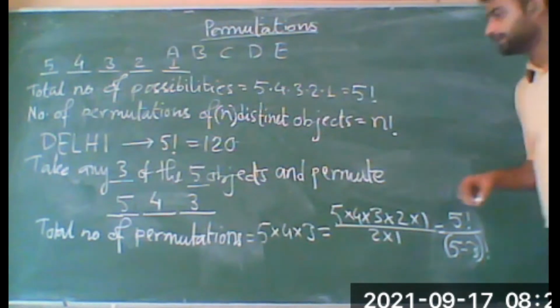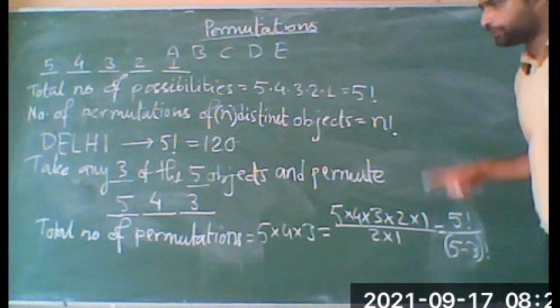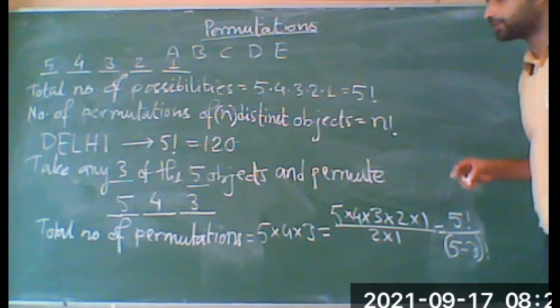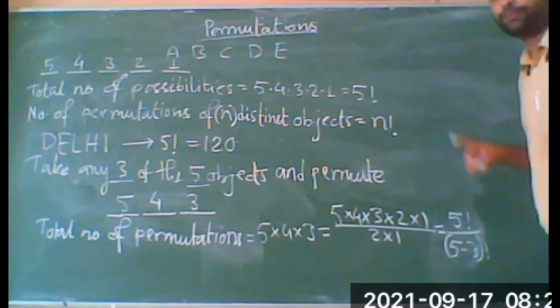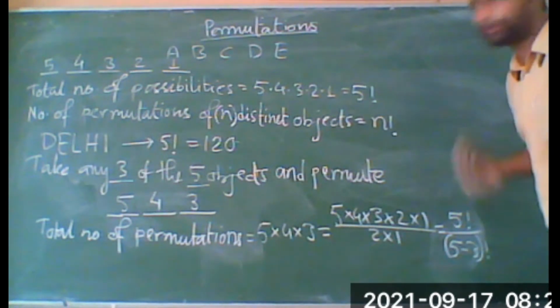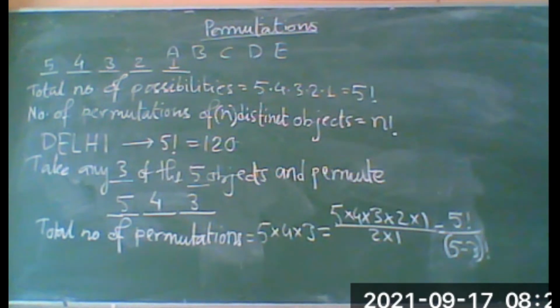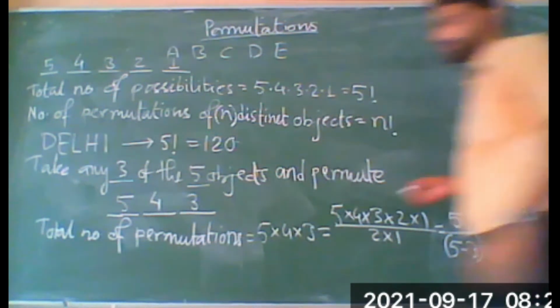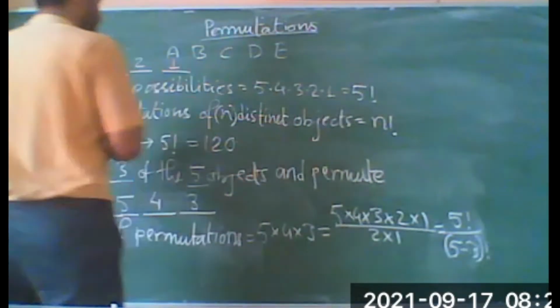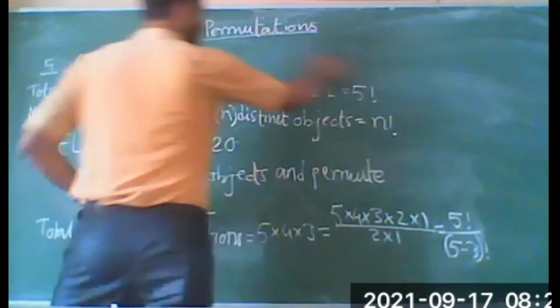So if I now say that we are trying to find the number of permutations of R objects taken from N objects, then what will be the formula? Let me write it here. That will be better. So this is the thing now.